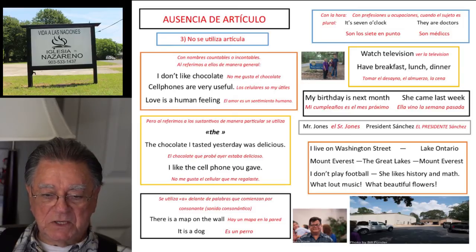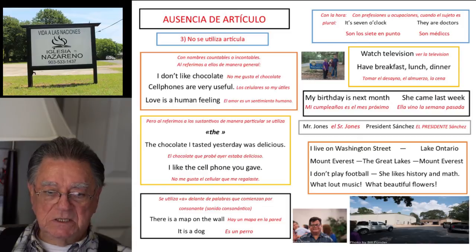El chocolate que probé ayer estaba delicioso. Okay, the chocolate I tasted yesterday was delicious. Now we have a different place with chocolate. Depends on the way that we use it. Depende de la manera que vamos a usar palabras. We want to know a particular one.